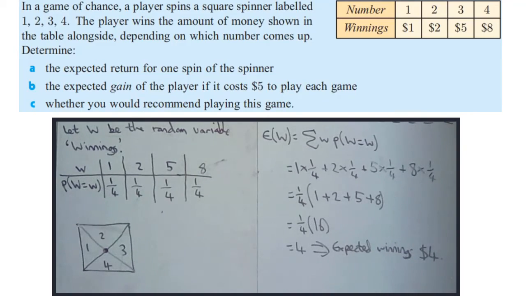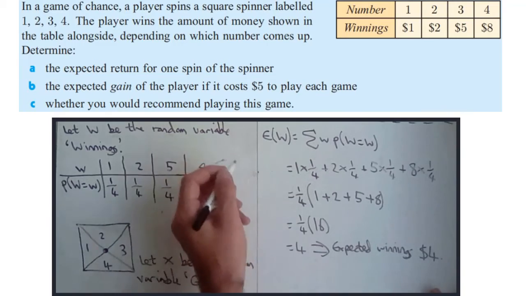So for part B, given that I'm getting used to this notation, let X be the random variable gain, which you can read as profit.